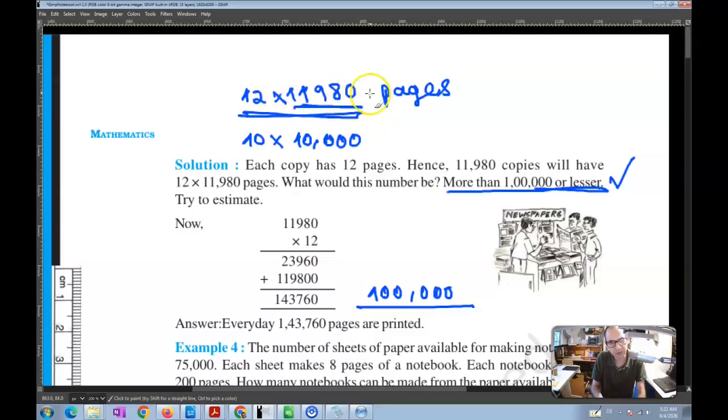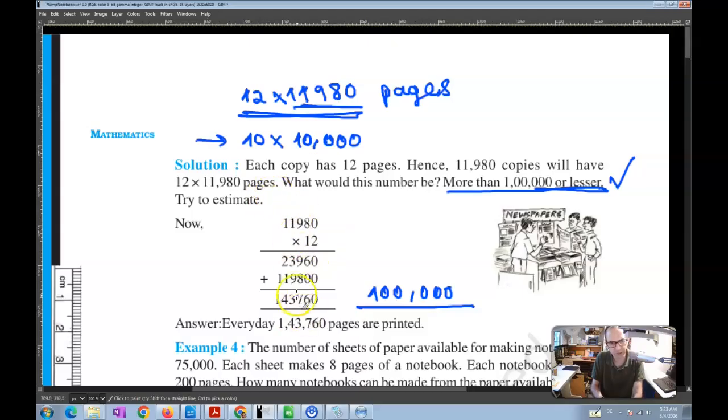And this number is very close to 12,000, and I have rounded that down to 10,000. So I have rounded down everything to get to this calculation, which means that if I do the actual calculation, it's definitely going to give me some number well above 100,000.